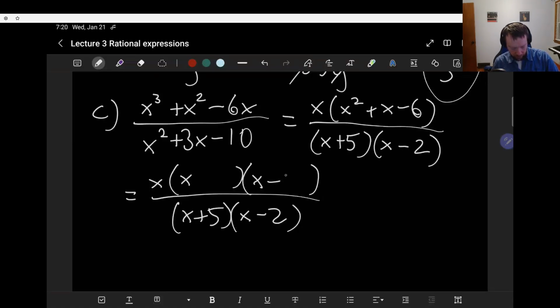That'll be, I want to write the -2 there. I chose to write them in this order for a clear reason: we have these common factors in both the numerator and denominator, this common x - 2. And well, that's it.